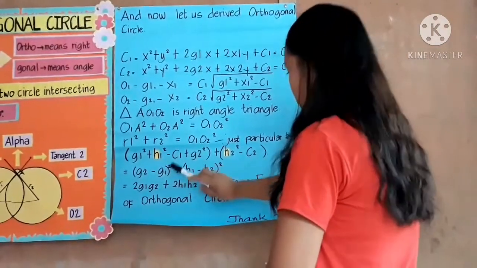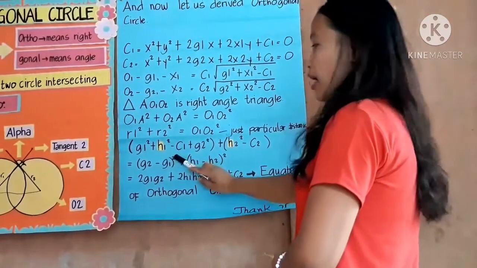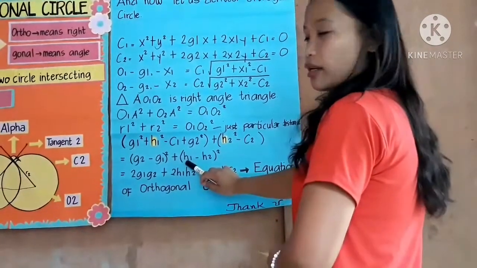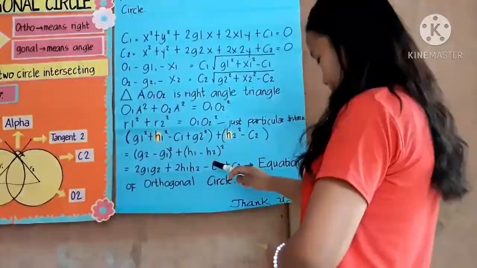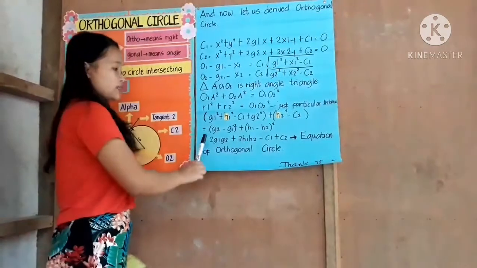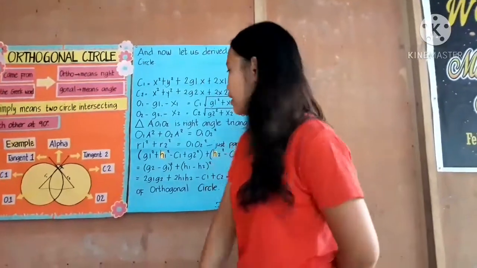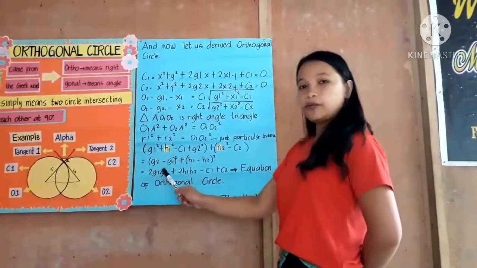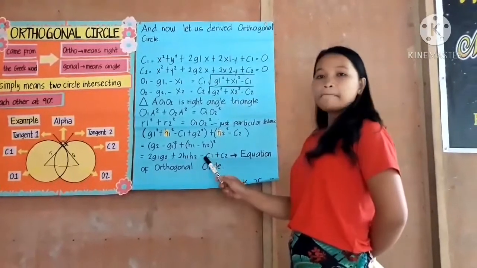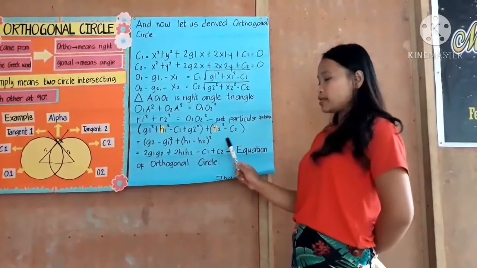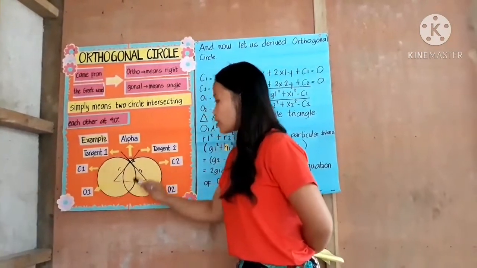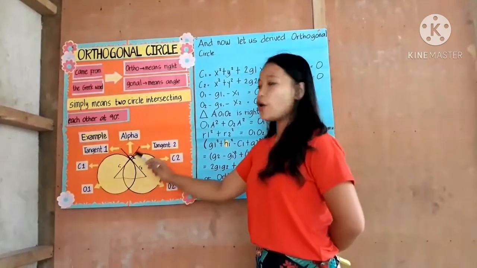The squared terms cancel out, and now, of course, this is the right side. Finally, we get 2g1g2 plus 2h1h2 equals c1 plus c2, and this becomes the condition that these two circles are orthogonal.